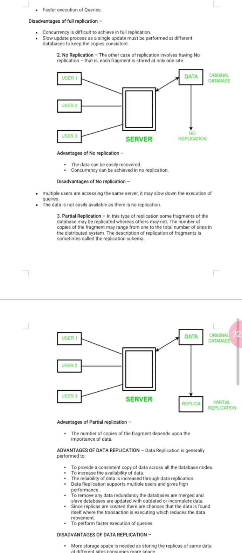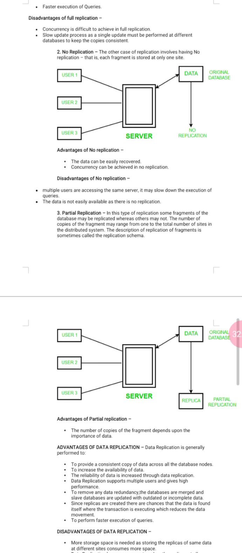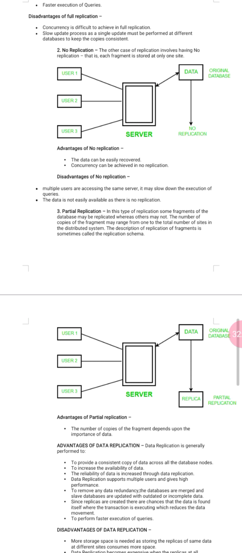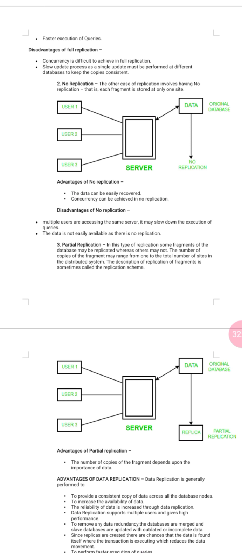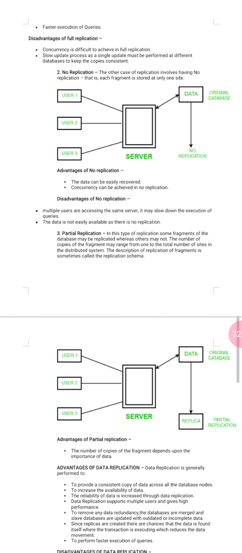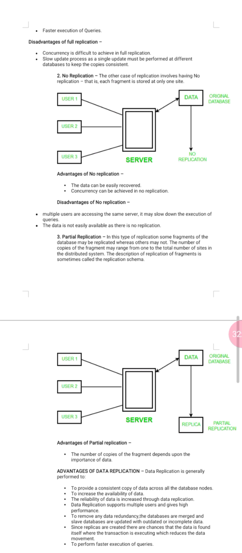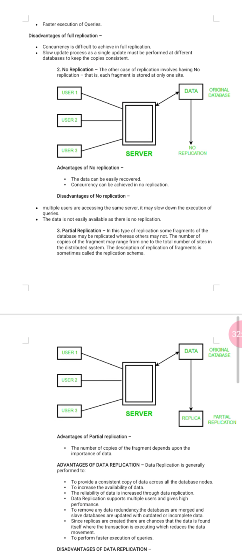Concurrency means multiple sequences execute at one time. It is difficult in full replication. The update process is slow, as a single update must be performed at different databases to keep the copies consistent. The operation is lengthy, right? It is a slow process because one server has to keep the copies consistent.